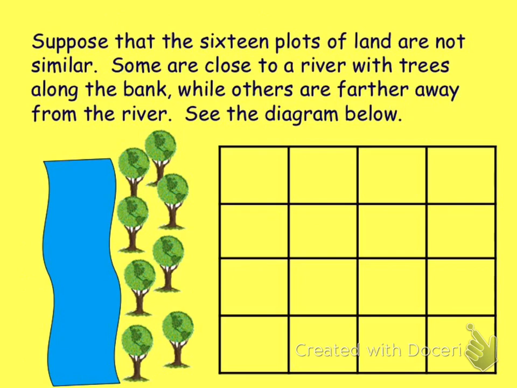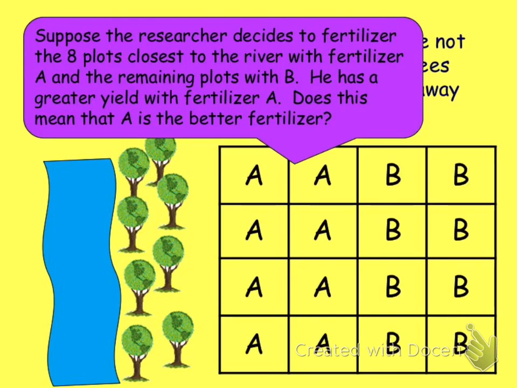Okay. So suppose that 16 plots of land with crops on them are not similar. Some are close to a river with trees along the bank while others are farther away. Suppose the researcher decides to fertilize the 8 plots closest to the river with fertilizer A and the remaining with B. Does he have a greater yield with A? Does this mean that A is a better fertilizer? Why or why not?